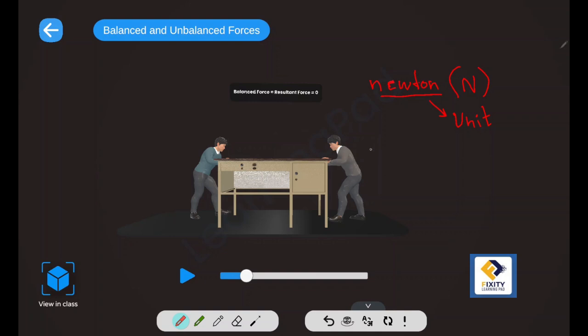Let's say 60 newtons of force are applied on both sides.